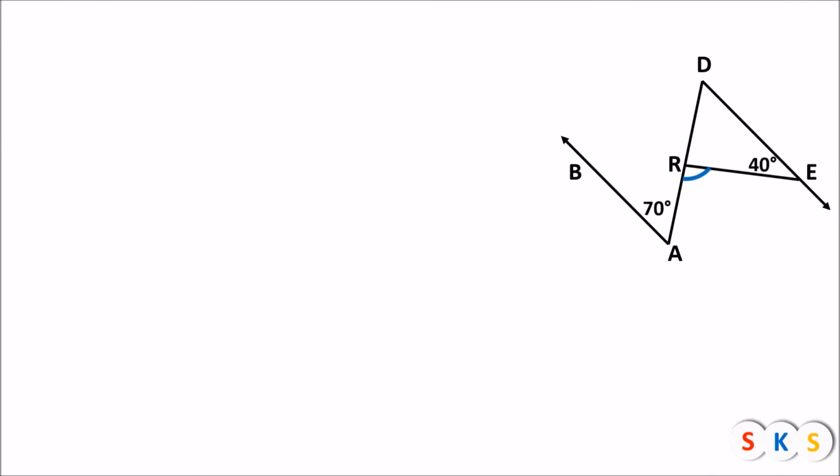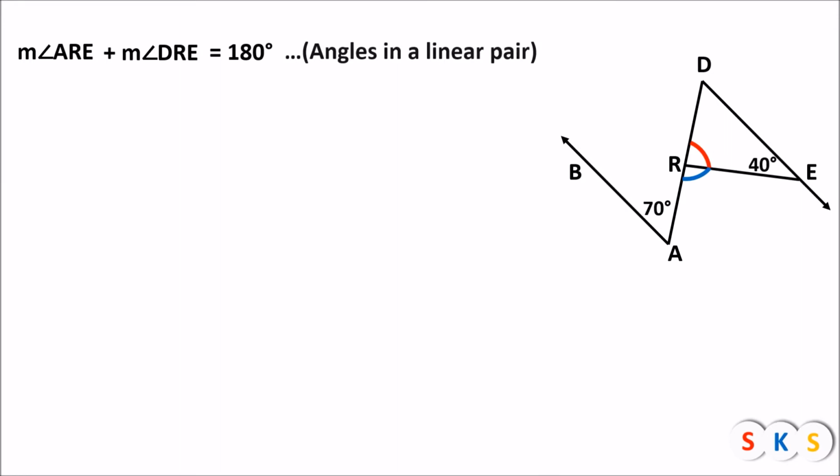Now here you can look at this figure, angle ARE. Okay, you can see the angle ARE in this figure and angle DRE forms linear pair. Therefore, sum of these two angles is 180 degree. Therefore, measure angle ARE plus measure angle DRE equals to 180 degree as they form linear pair angles.